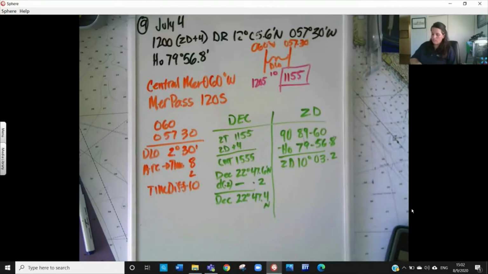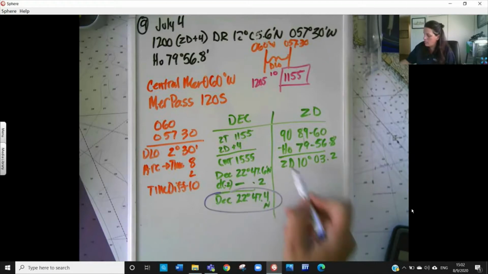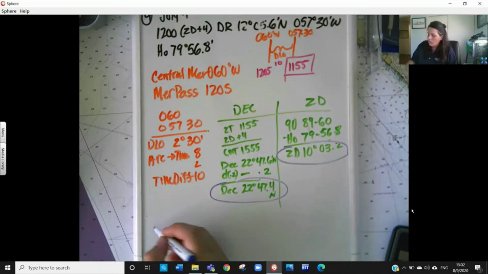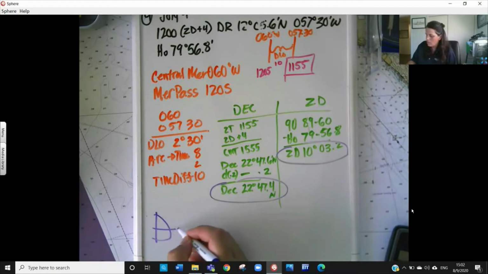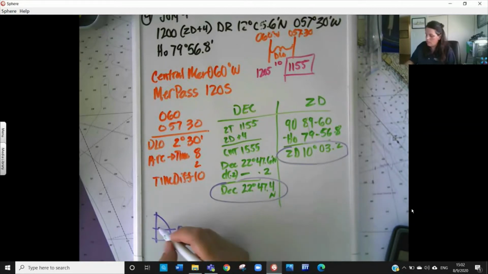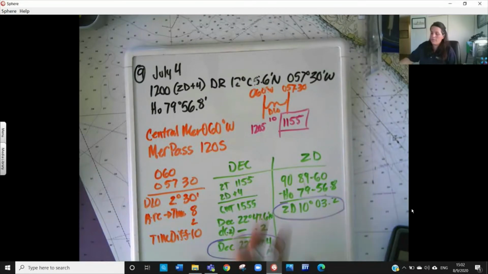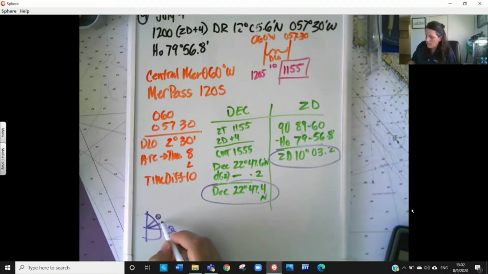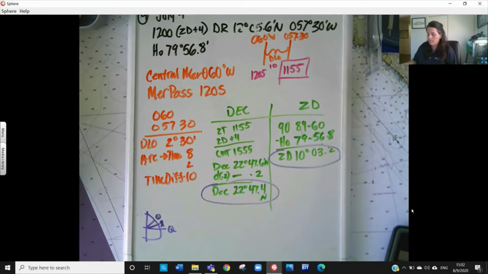So now, do we add or subtract our declination and our zenith distance? I know the sun is about 22 degrees north, and my DR tells me I'm about 12 north. I'm going to put myself right about here, lower than my sun.